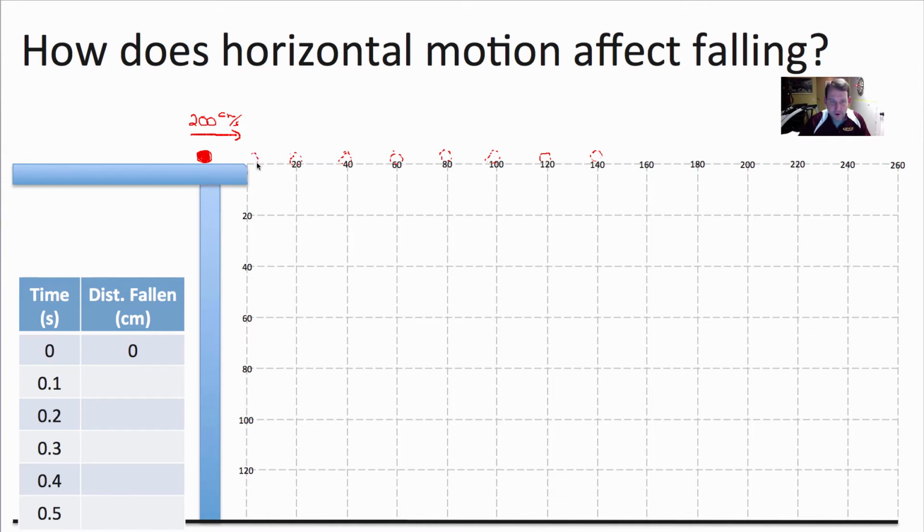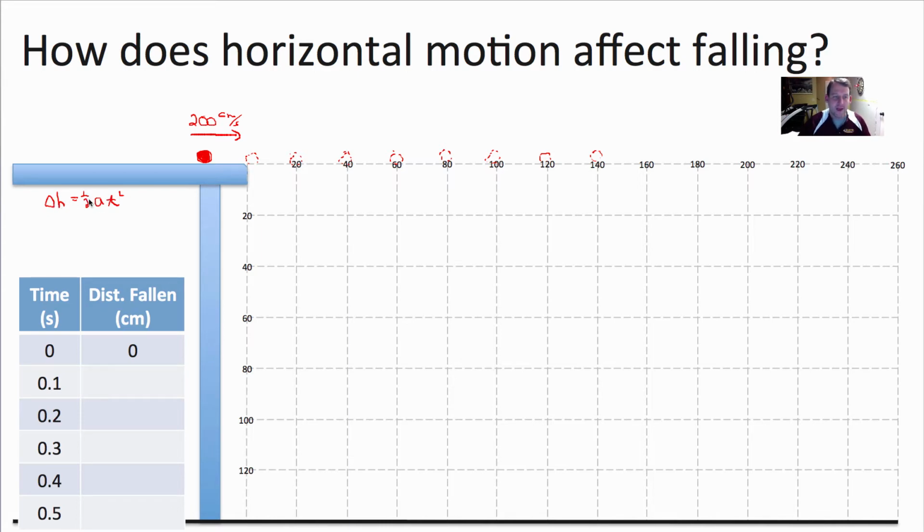If we just let it fall here, so we start here, we let it fall straight down. To figure out how far it will be from its starting point, we need to use some math. Delta H, the change in height, is equal to 1/2 a t squared. So this is our equation that tells us how far we fall from our starting point.